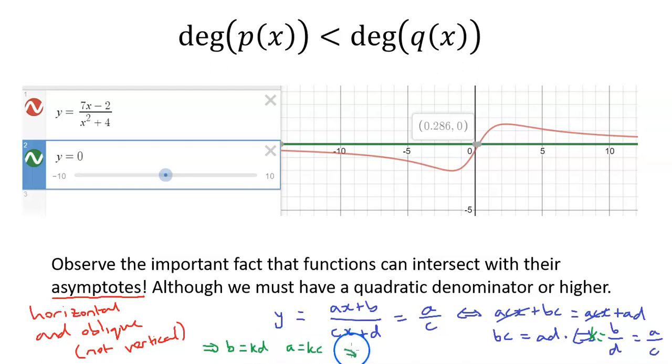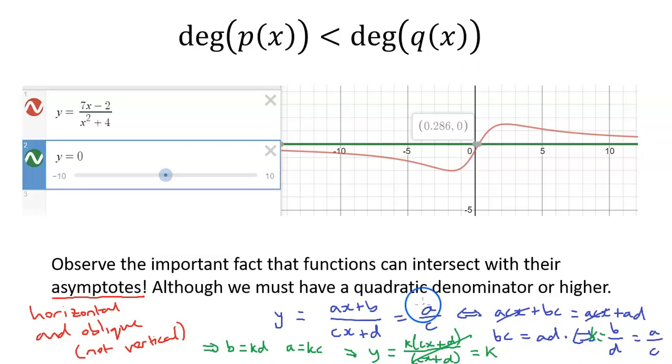And so substituting these values into the function, we get y is equal to k times (cx plus d) divided by (cx plus d). And so the whole thing is just equal to k in that case. So the function would actually be equal to the asymptote.